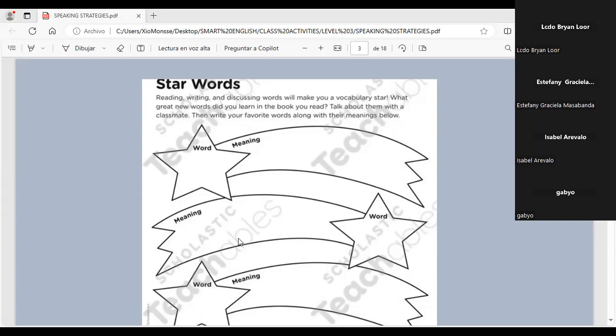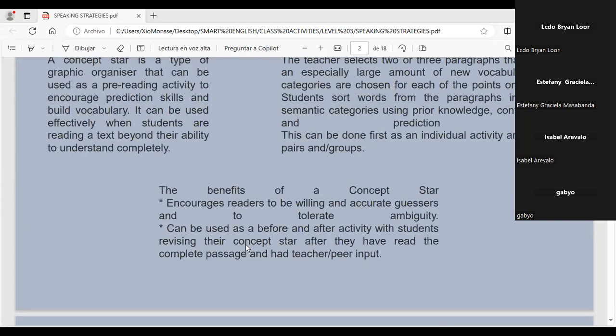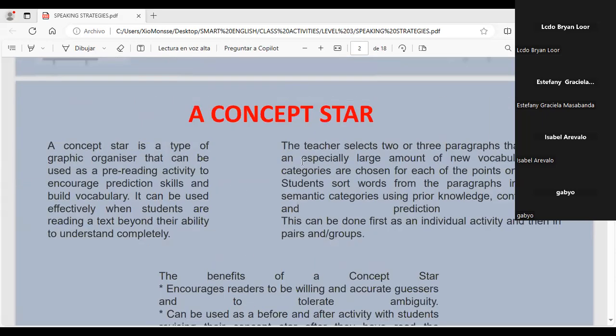Obviously you have to show them or elicit the paragraph on the projector. The teacher selects 2 or 3 paragraphs that contain a large amount of new vocabulary. 5 categories are chosen for each of the points on the star.